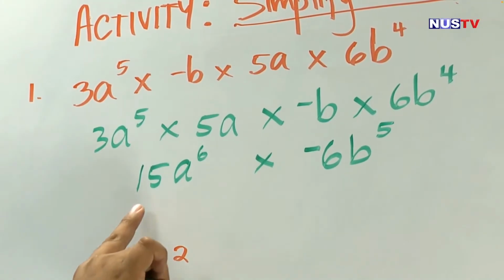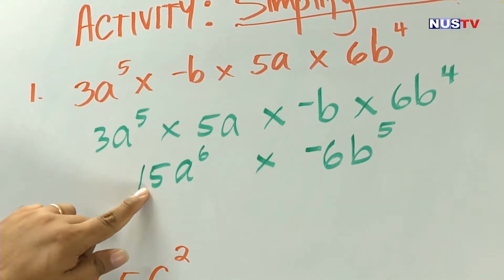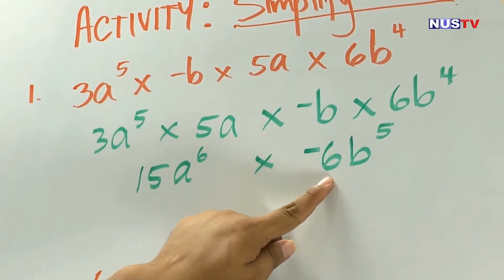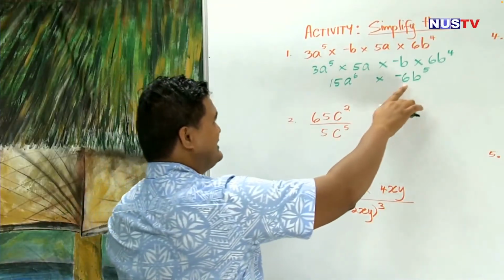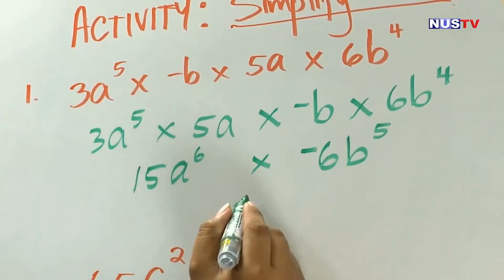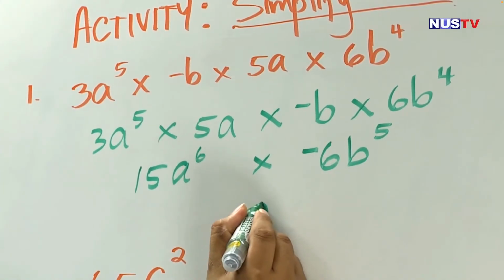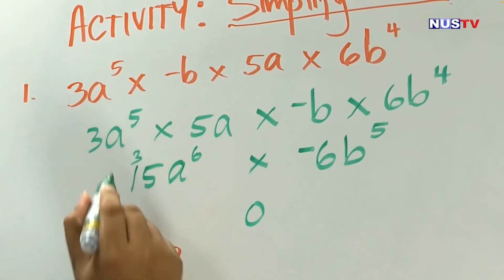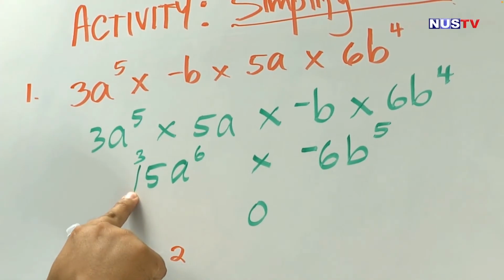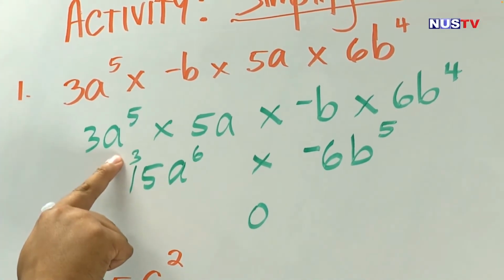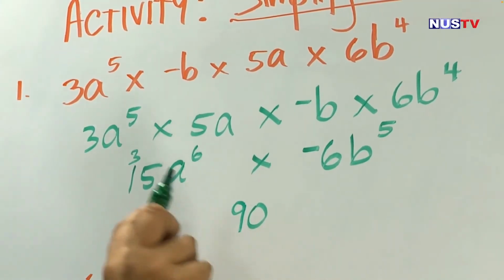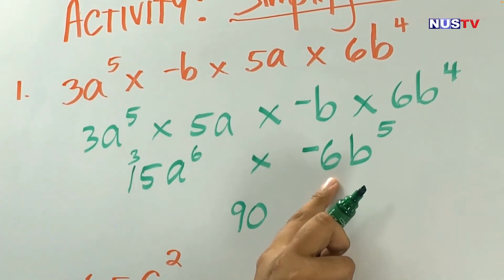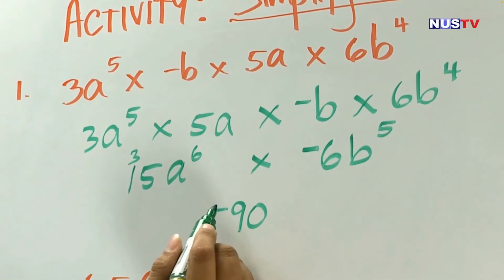And then the last thing we need to do, 15 multiplied by negative 6. So 6 multiplied by 5 will be 30, so 0 carry 3. And 6 times 1 is equal to 6 plus that 3, that will be 9. A positive times a negative, the answer will be negative.